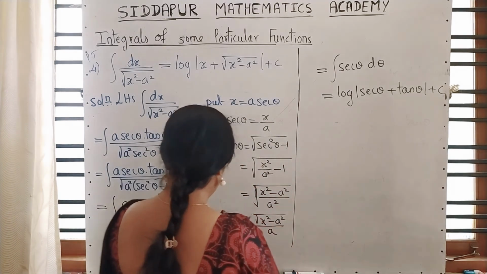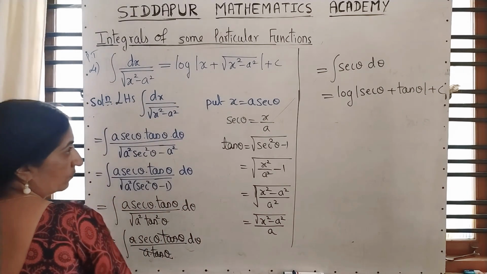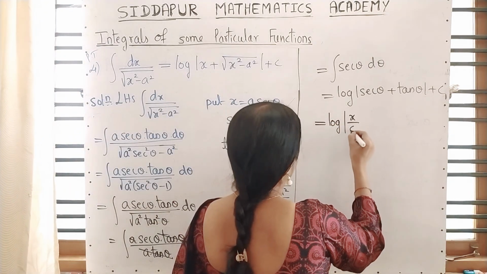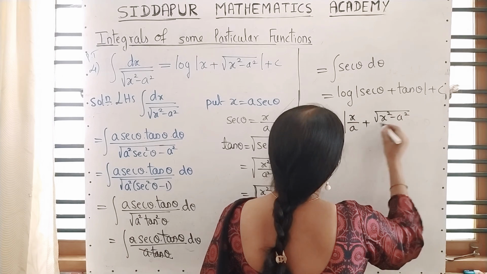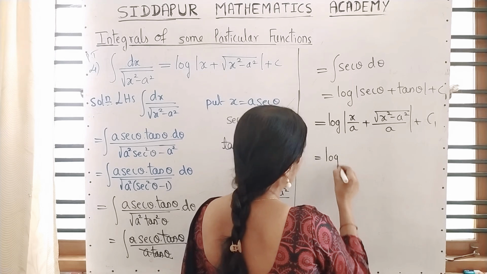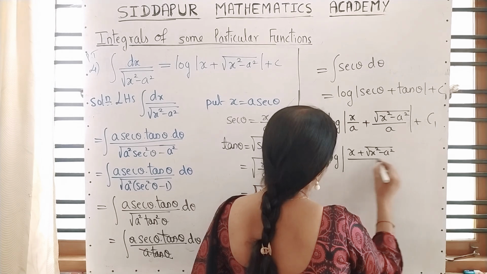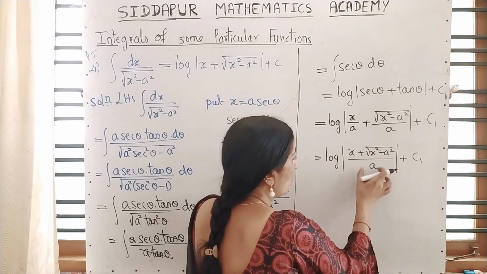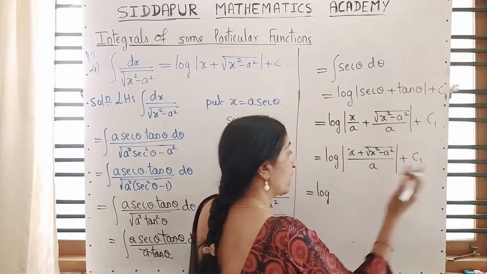Now write down that value. It is log of sec theta is x by a plus root of x square minus a square upon a plus c1. Take an LCM here. It is log of x plus root of x square minus a square upon a plus c1. Now it is in the form of log m upon n, that is log m by n is log m minus log n.